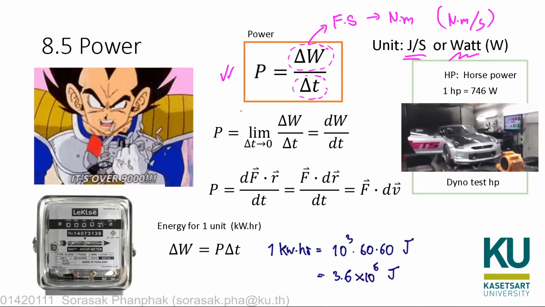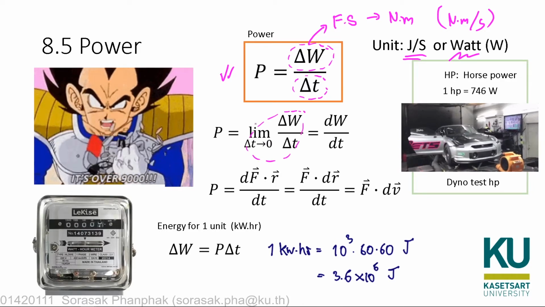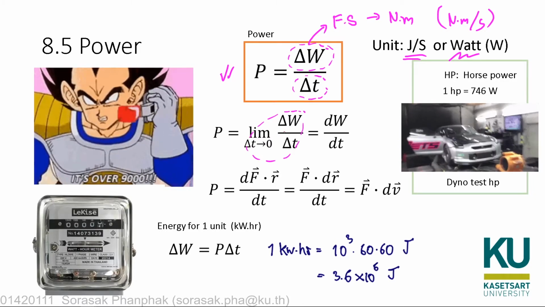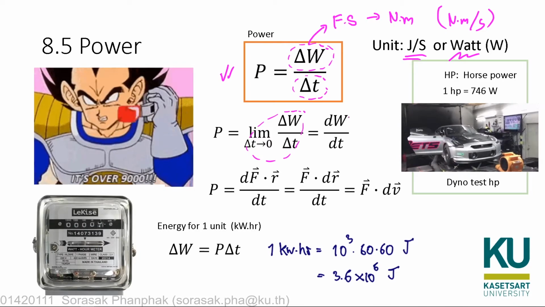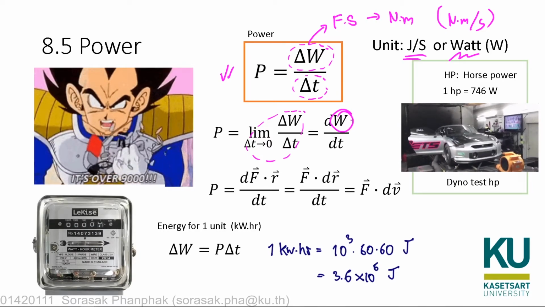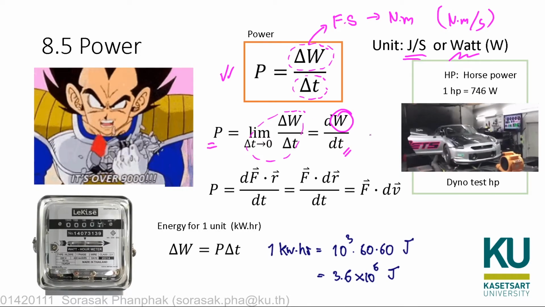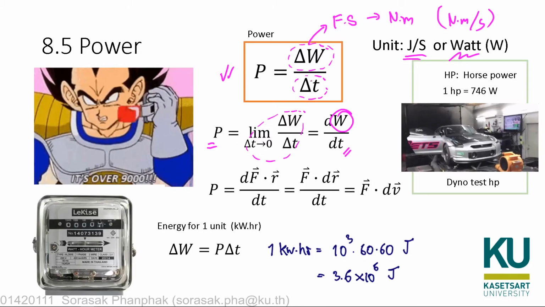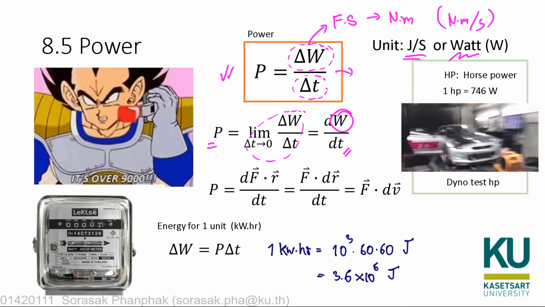When you consider the power term that changes, this means in the limit you have the infinitesimal delta t. So you can divide work by time. If you know the work and divide by the time, you can find the power as well. This is kind of like an average, right?